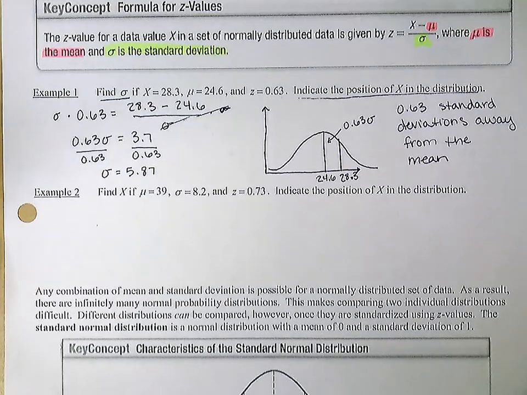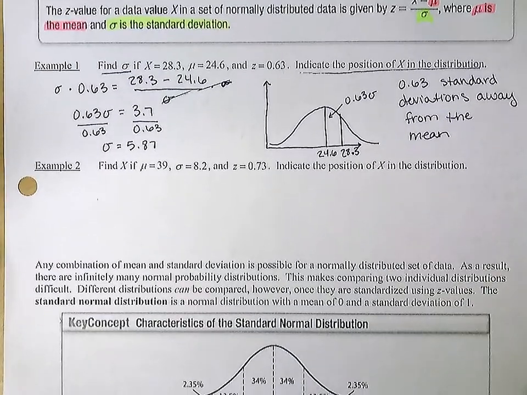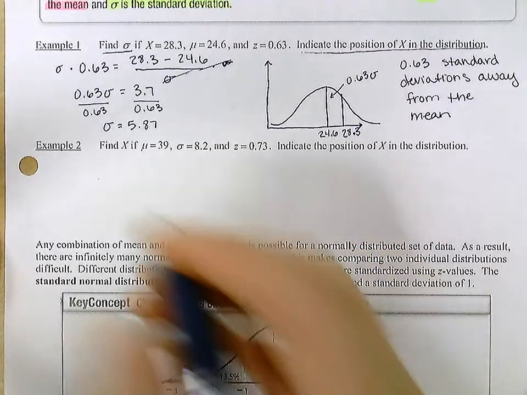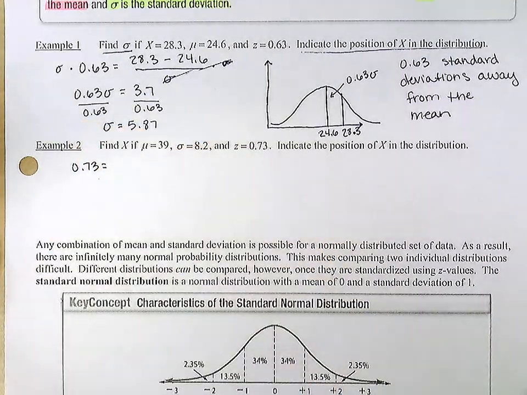Questions on that first one? How I solved it? All right, example 2 then. This time we're finding x, and we're given the mean, the standard deviation, and the z-score. Again, we're just going to plug it into the formula from above. Since z is 0.73, start with 0.73.